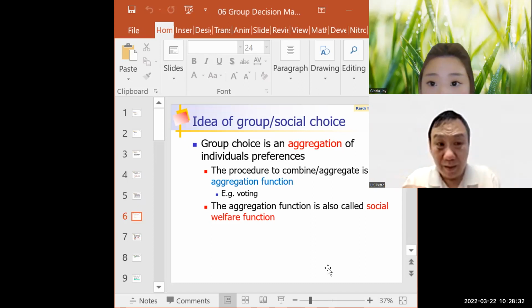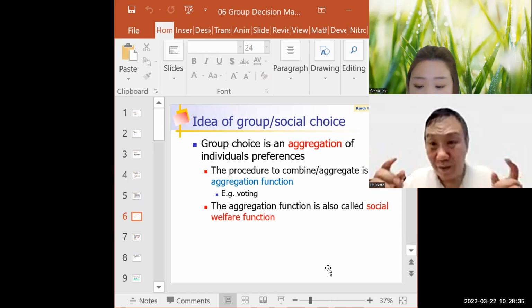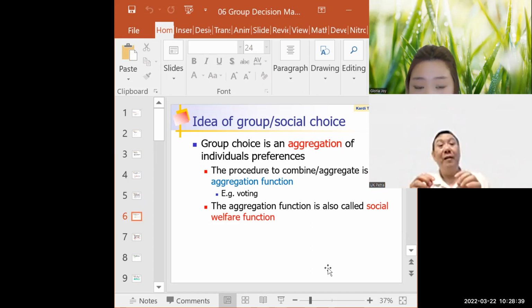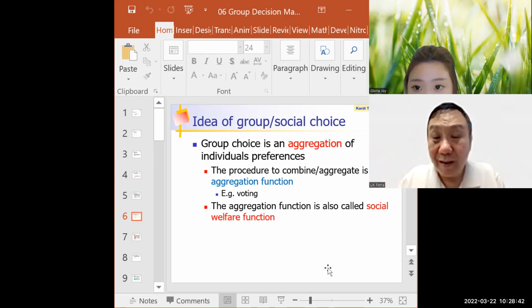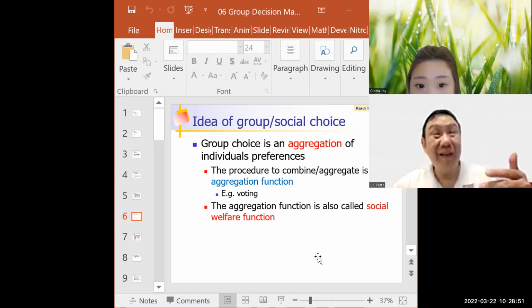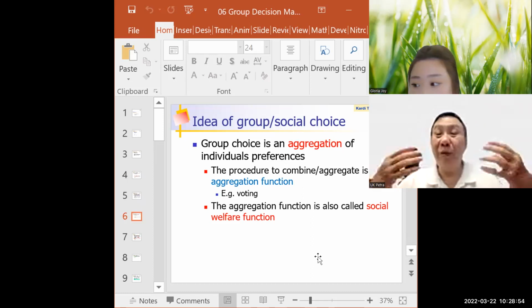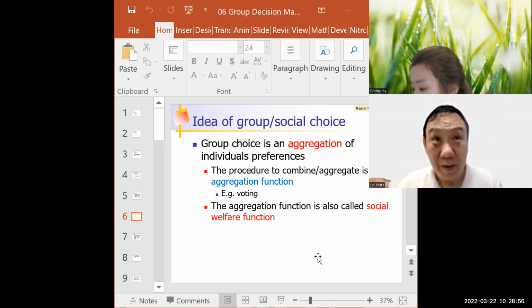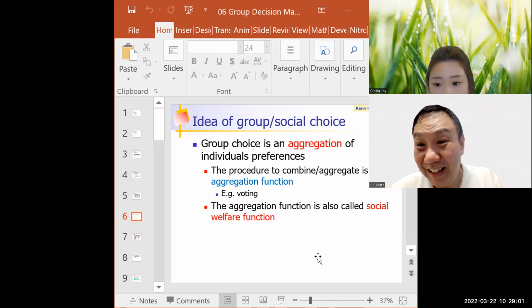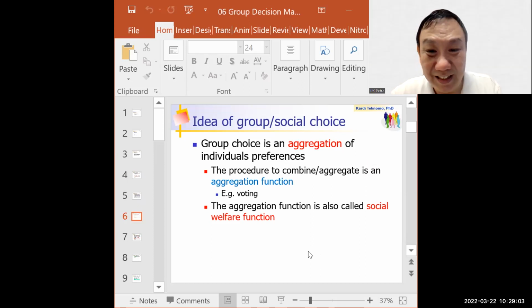So we create a function, whatever function it is, you can create on your own, that will aggregate or combine this individual preference into the group. With that, you can create the group decision. So mathematically speaking, group decision is just an aggregation function. Is it clear?